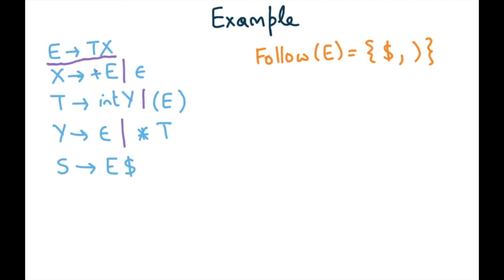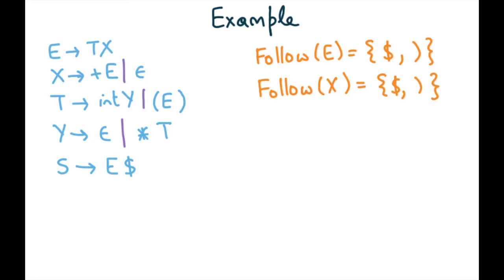So anything that is in follow E will also be in follow X, and that straight away gives us follow X. So follow X must contain at least everything that follows E, and that's dollar and right parenthesis. Can we say something else about X? Well, we don't see X appearing anywhere else in the right-hand side of the grammar. So let's stop here for X, and we'll revisit it again in the next iteration.